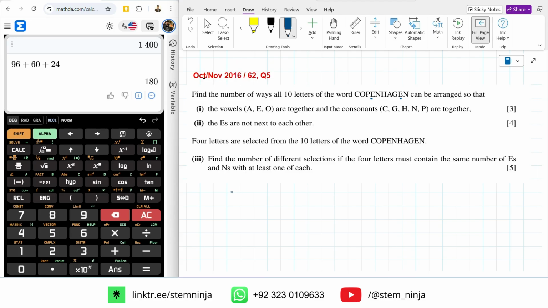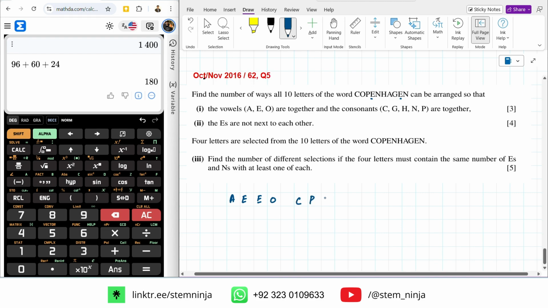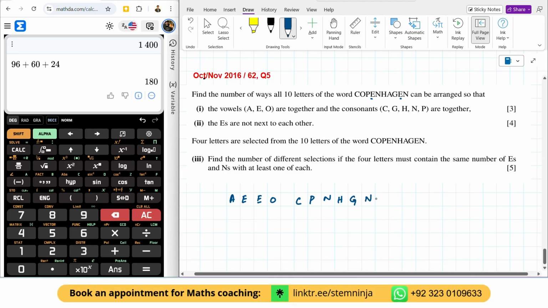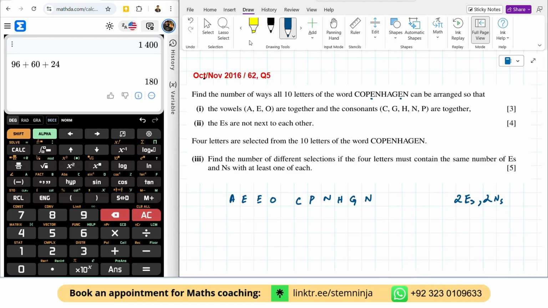So there are 2 E's. So we have A, E, E, O, and the rest are C, P, N, H, G, N. So we have 2 E's, 2 N's. Anything else? No, I think that's good.